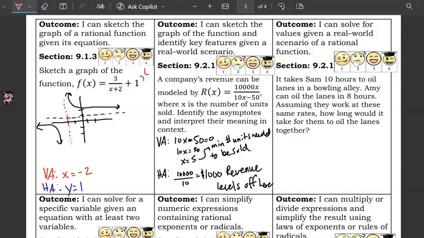If we were to sketch a graph of this, we're really interested in this part of the graph, not this one.